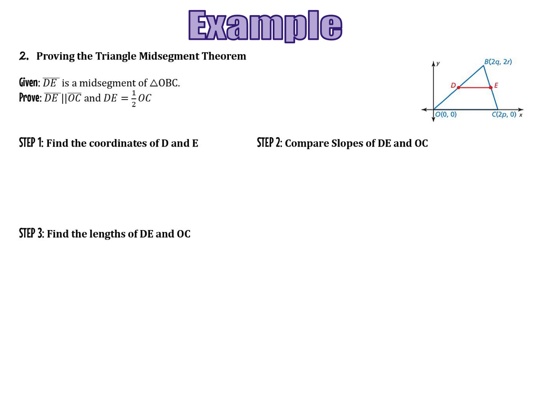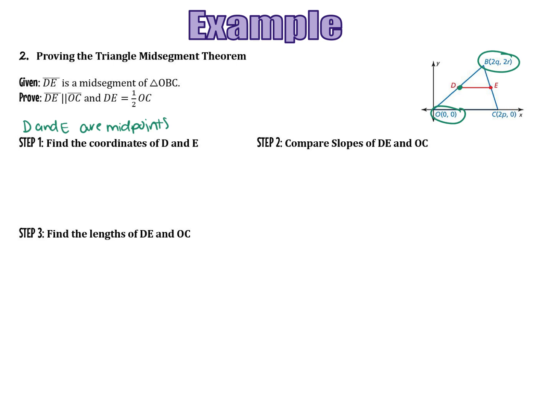So let's start by finding the coordinates of D and E. Well, the coordinates of D is the midpoint by the definition of a midsegment. D must be the midpoint. So I'm going to say D and E are midpoints. So we can find the midpoint using this formula.